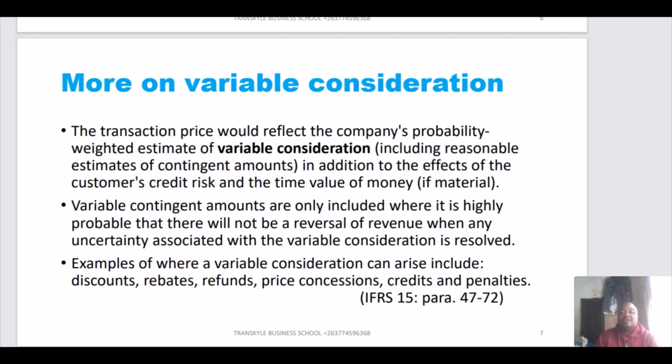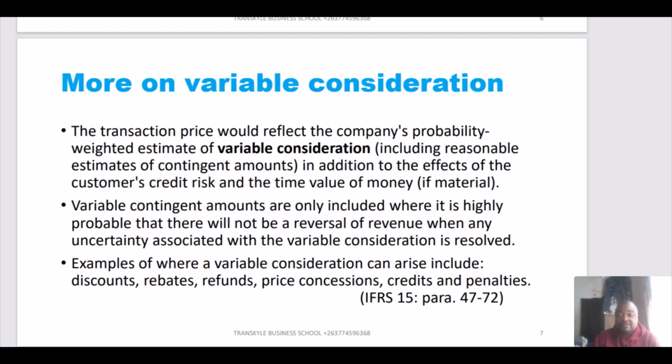Variable contingent amounts are only included where it is highly probable that there will not be a reversal of revenue when any uncertainty associated with the variable consideration is resolved. Examples of where a variable consideration can arise include discounts, rebates, refunds, price concessions, credits, and penalties.